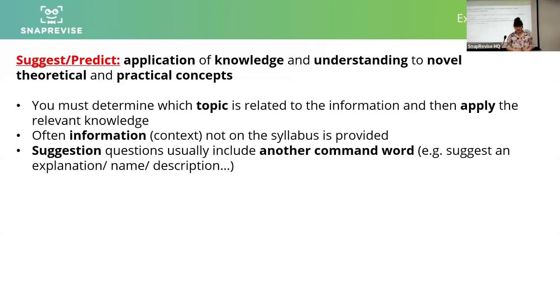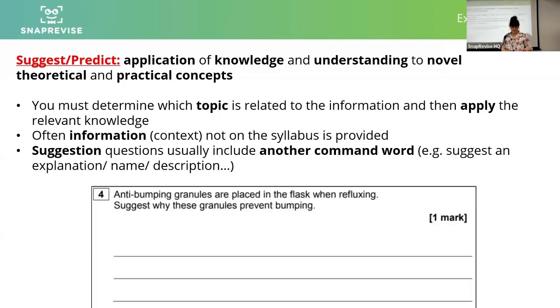Suggestion questions usually include another command word, for example, suggest an explanation, suggest a name, suggest a description for, etc. For example, anti-bumping granules are placed in the flask when refluxing. Suggest why these granules prevent bumping. So you might have seen anti-bumping granules used for distillation.